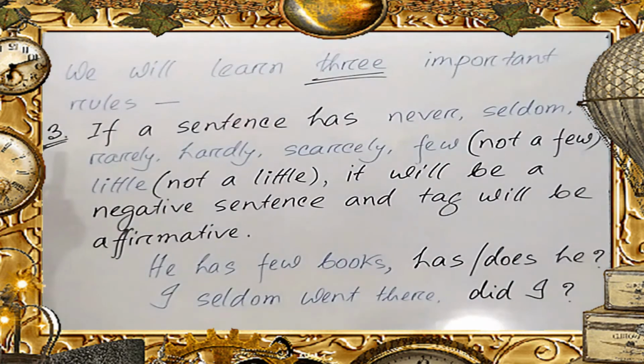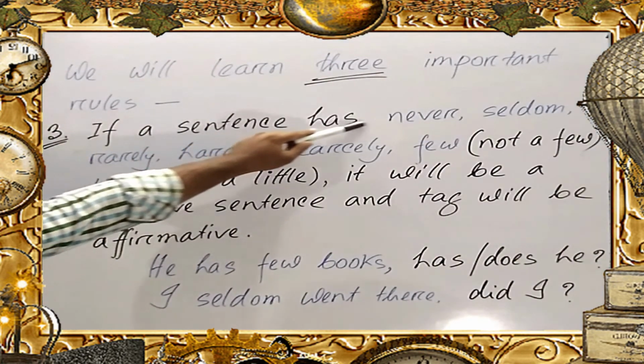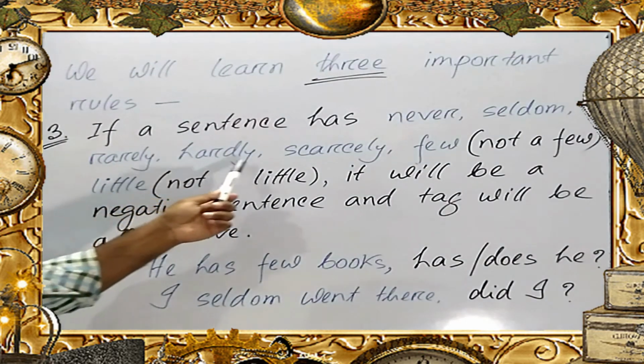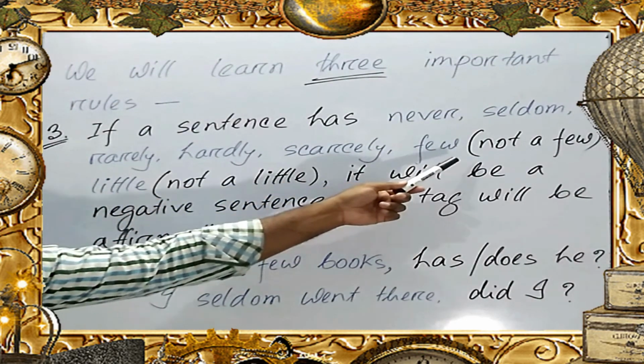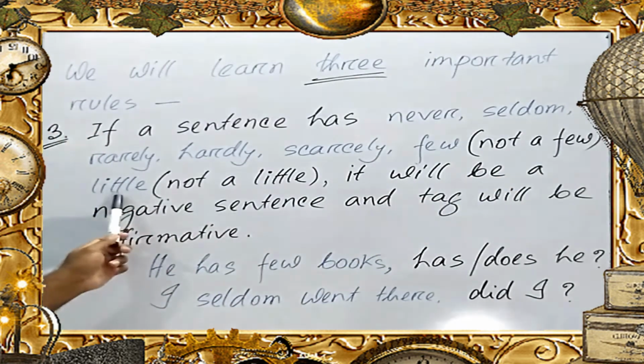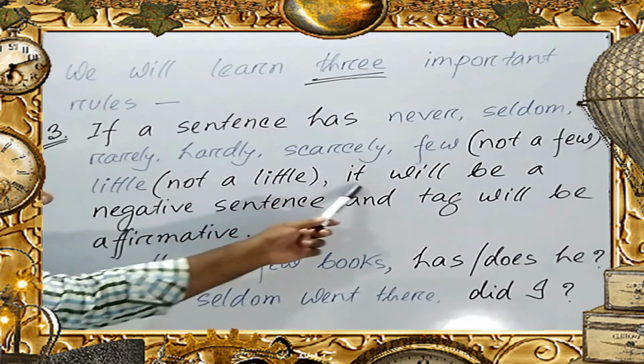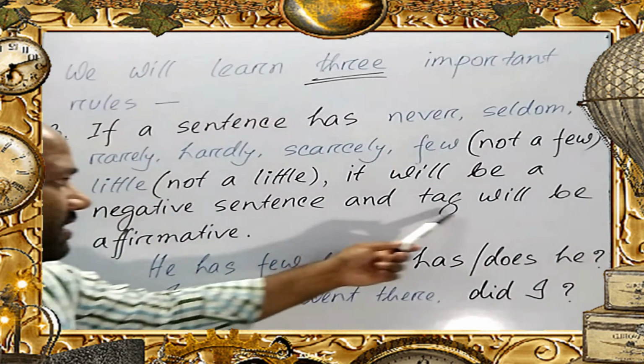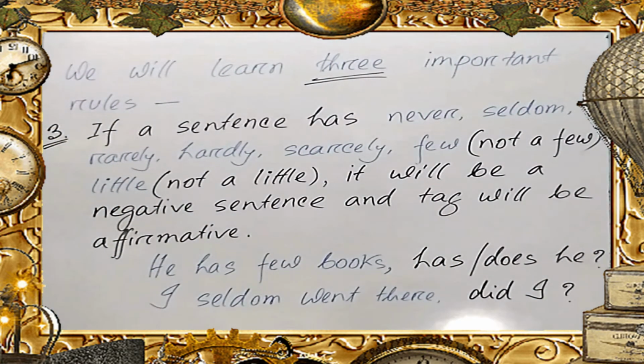Let's see Rule 3. If a sentence has never or seldom, rarely, hardly, scarcely, few, not a few, little, not a little, it will be a negative sentence and the tag will be affirmative.